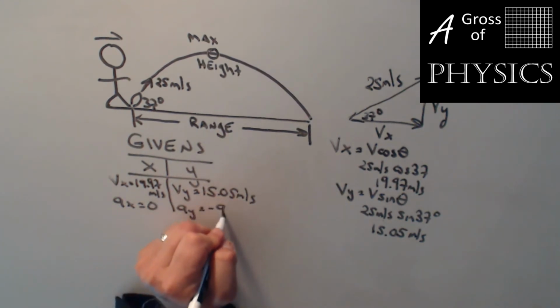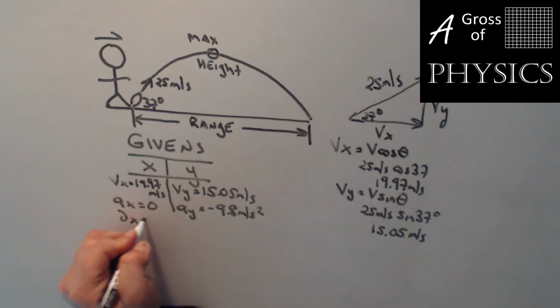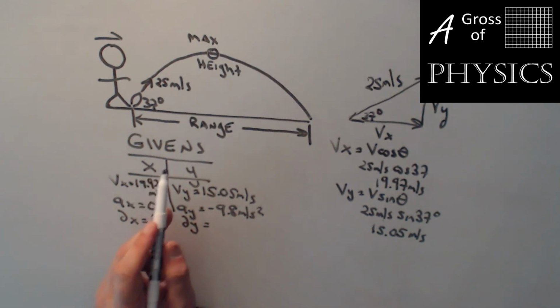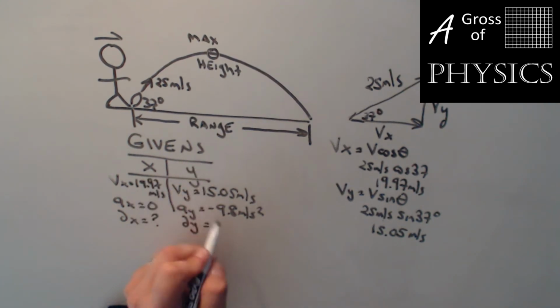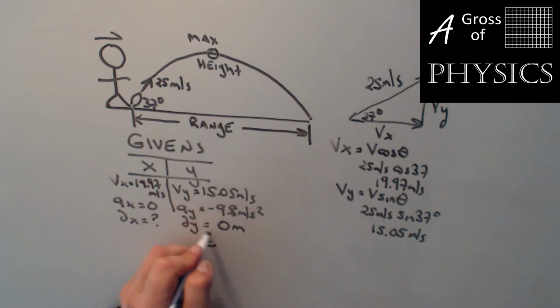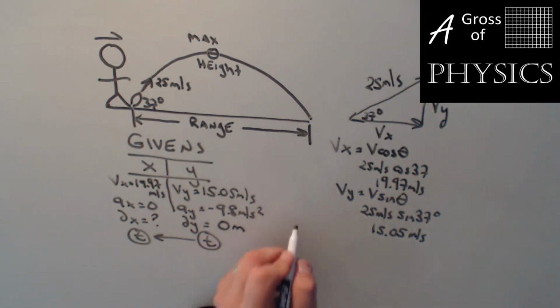Ay, negative 9.8 meters per second squared. Dx, unknown. Dy, since it goes up in the air and lands back on the ground, is 0. Now, we find time, use it for the x direction, and solve for dx. So let's do that now.